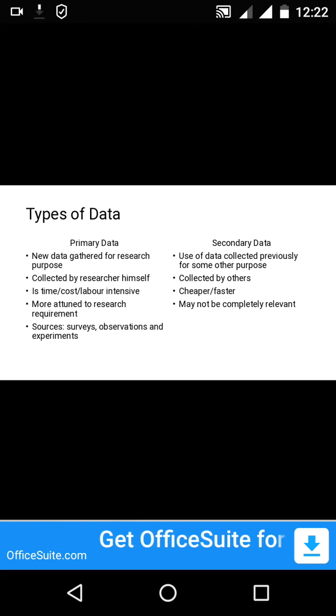If I want to find out what is the adult literacy rate in Pithoragarh among those people who are primarily agricultural laborers, primarily into agriculture, now this data would not exist anywhere, and probably I will have to collect my own data, and then it would become my primary data. So this is the difference between primary data and secondary data. When you borrow somebody else's data, it becomes secondary data, and when you collect your own data, it becomes primary data.